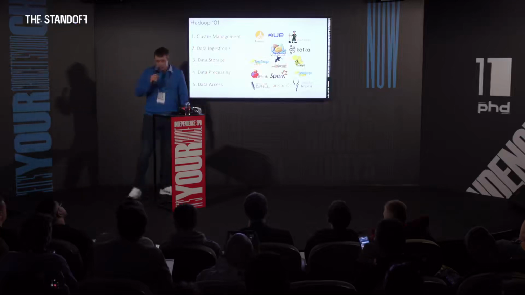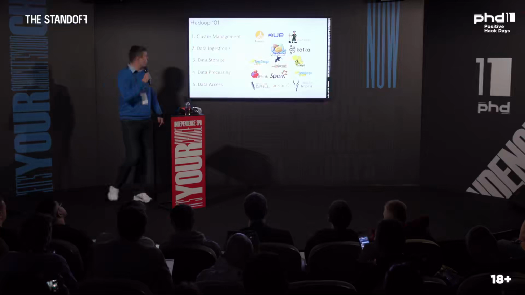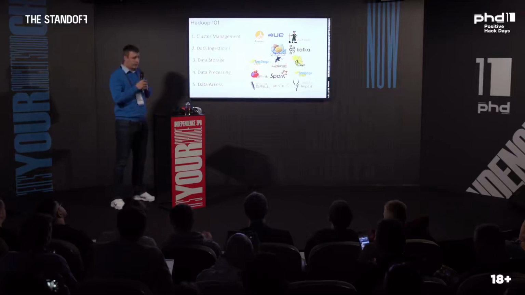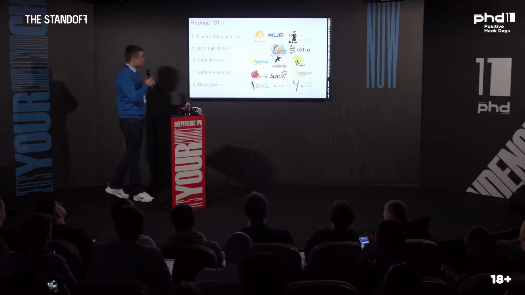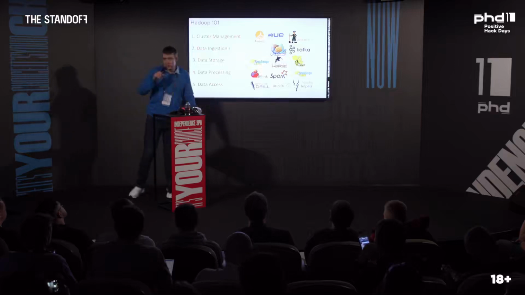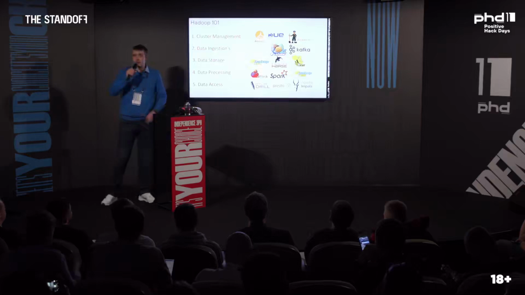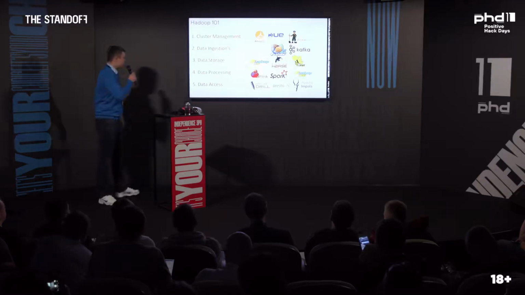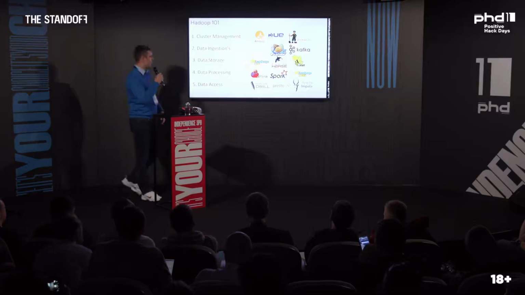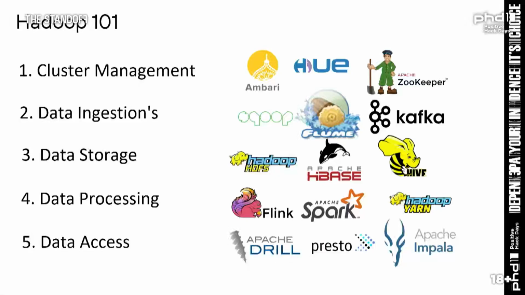We'll just take a look at Ambari, Hue, data ingestion, etc. So this is how our data goes to the cluster. How do we put it in there, which we will speak about and check out. Then storage: Hadoop Distributed File System, Apache HBase, and Hive data storage layers, as we can define them.